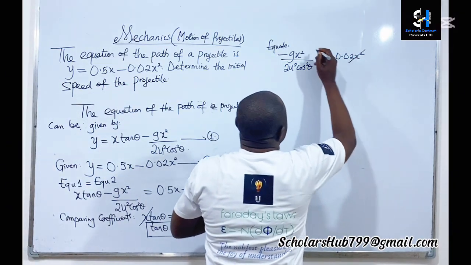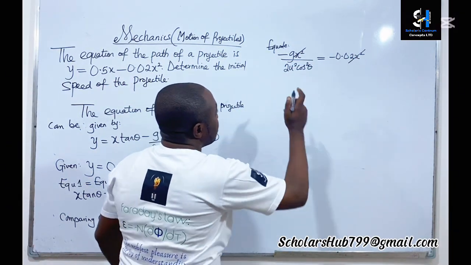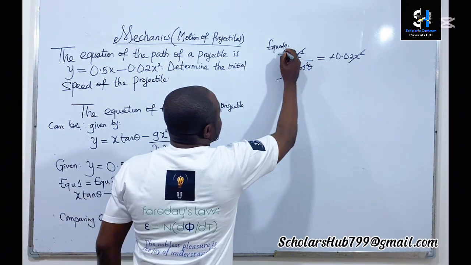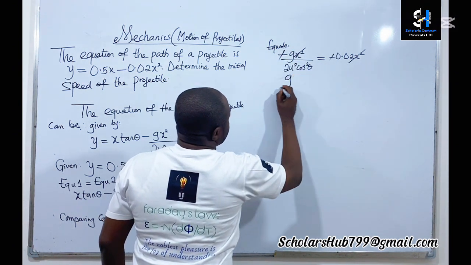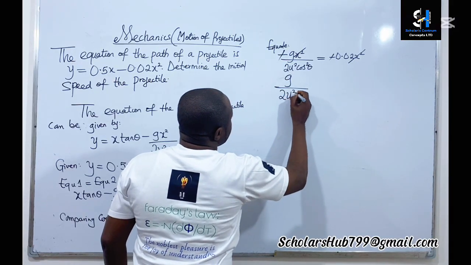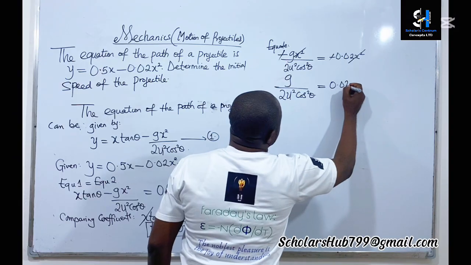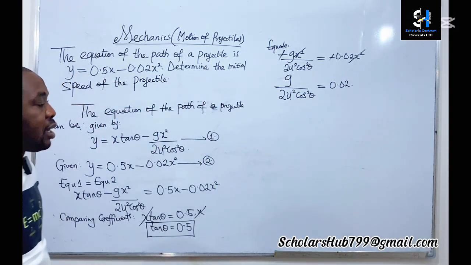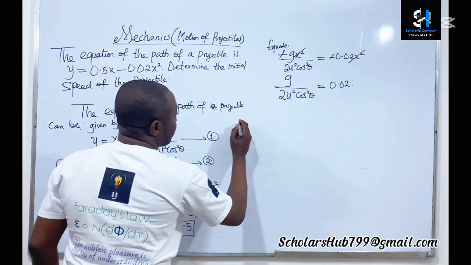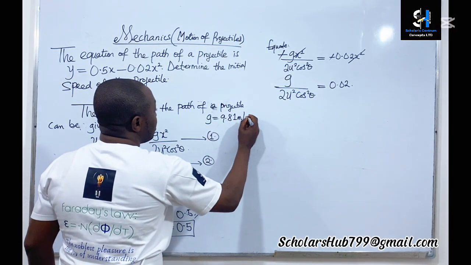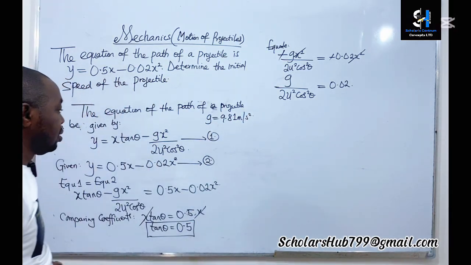Dividing both sides by x squared and cancelling the negative sign, the equation reduces to g over 2u squared cos squared theta equals 0.02. We know that the value of g is 9.81 meters per second squared.